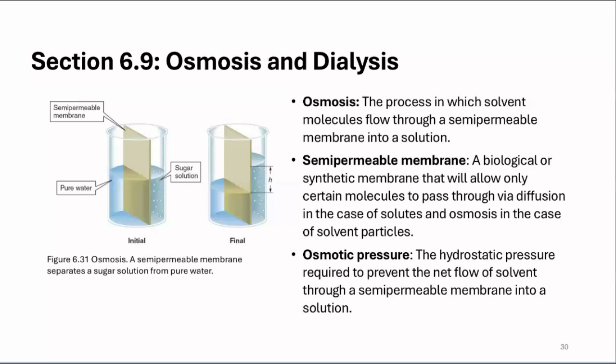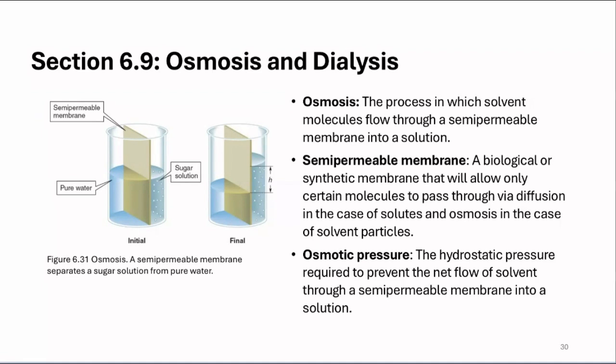In the image on the left side of the slide, figure 6.31, we see an illustration of osmosis. What we observe overall is the presence of the semi-permeable membrane, and in the container we have a sugar solution and pure water. This semi-permeable membrane is separating the sugar solution from pure water.